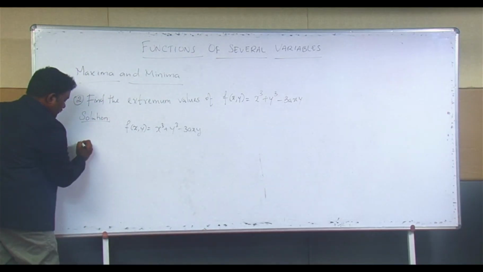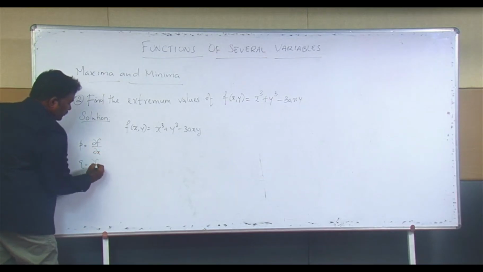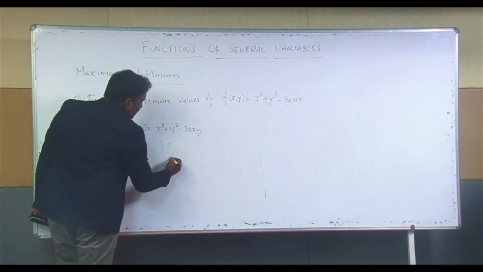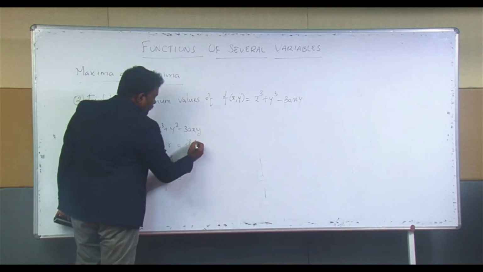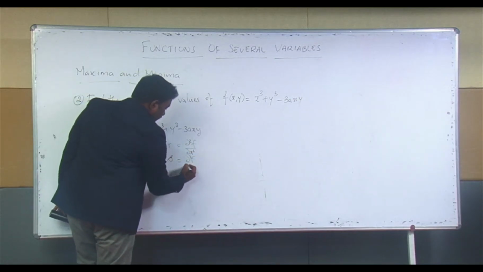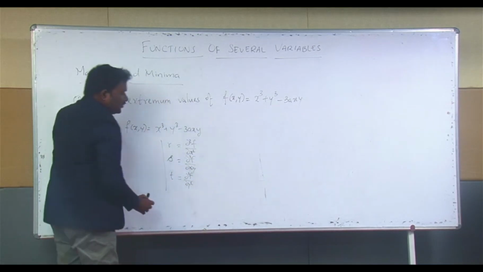Already we know that p refers to dou f by dou x and q refers to dou f by dou y, and then r, s and t values. So r means dou square f by dou x square, s is dou square f by dou x dou y, and t is dou square f by dou y square.